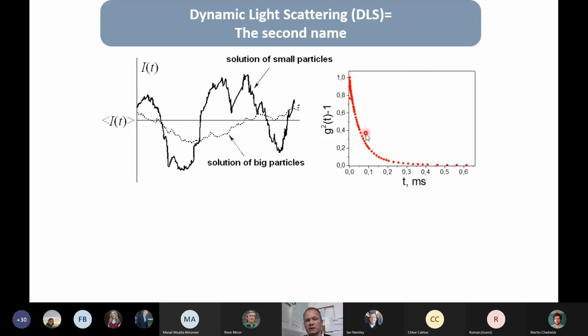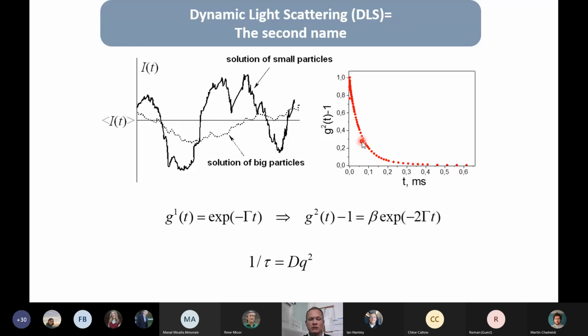And depending on its behavior, we can calculate the characteristic time, and we can calculate the diffusion coefficient. It works in the following way. For monodisperse particles, the correlation function is supposed to be an exponential function. From the analysis of the exponential function, we can get the characteristic time, and this characteristic time, tau, is directly proportional to the diffusion coefficient.